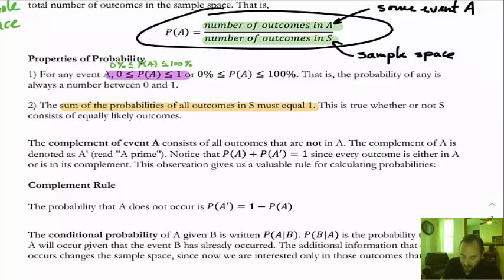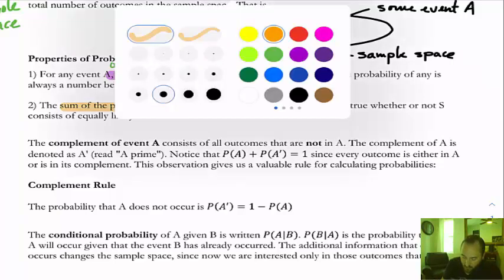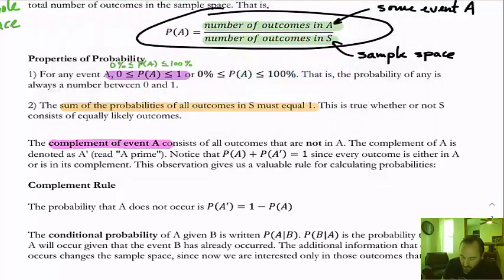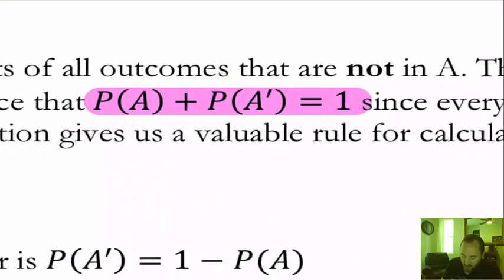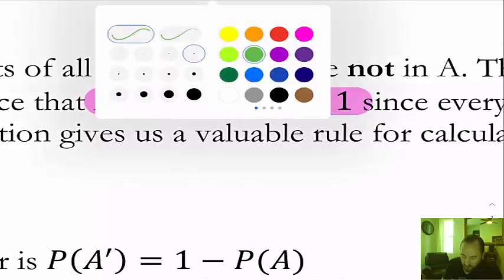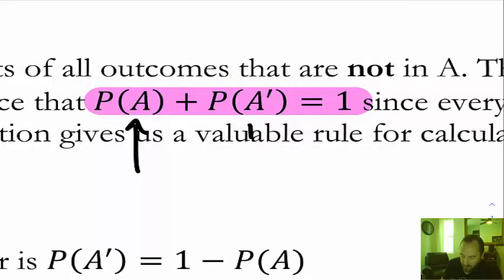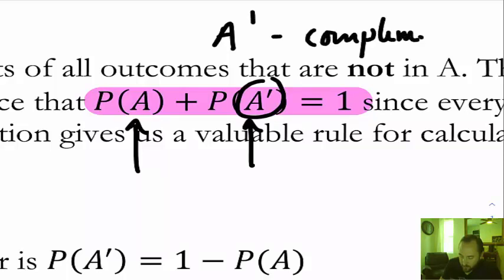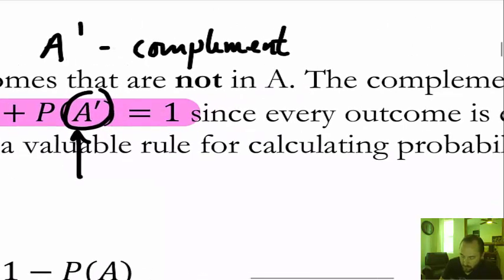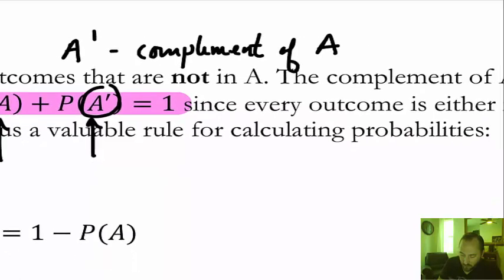Also, we look in here at what's called a complement event. Events are complements of one another if the sum of the two probabilities is equal to 1, and this is the definition of complements. So you have the probability of A, plus another probability, we call it A prime, and A prime is defined as the complement of A. This is really easy to do using the word not.